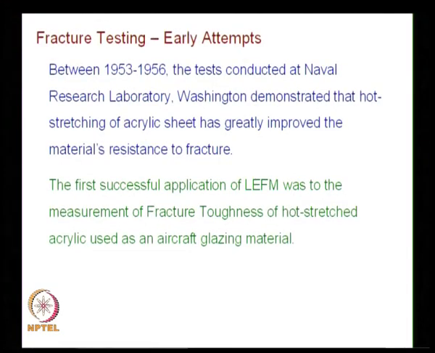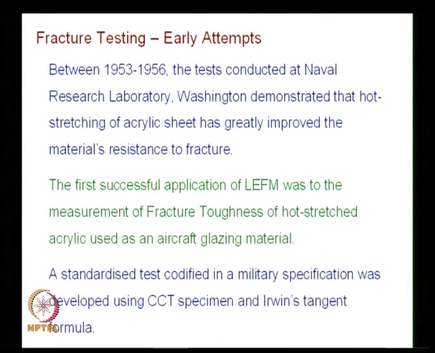So, you have to be very conscious to be useful to the society, but scientists are also asked to provide support to the military. So, we have to keep this in mind. So, a standardized test codified in a military specification was developed, and mind you, this was in 1953 and 1956.